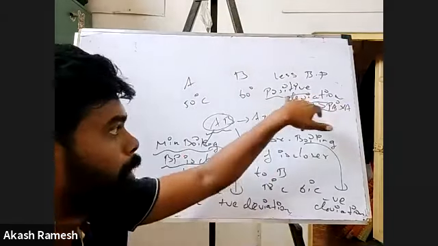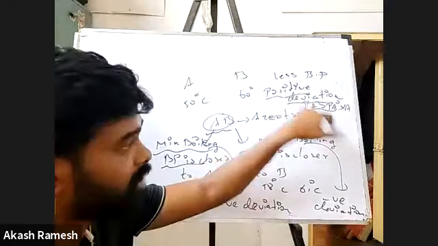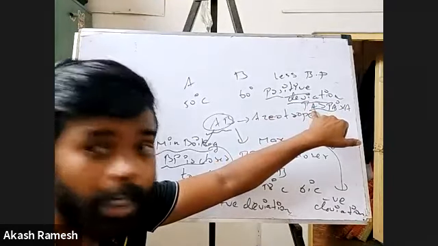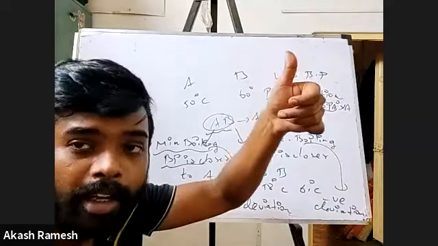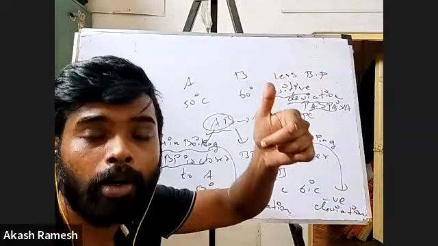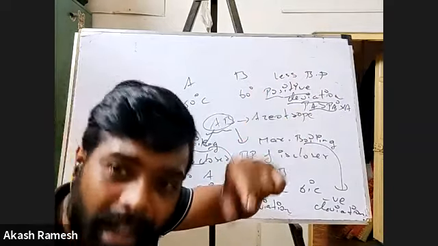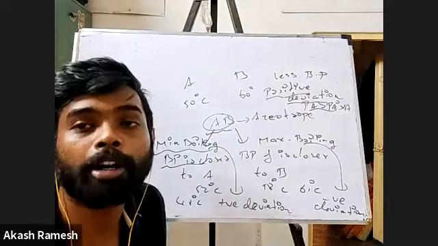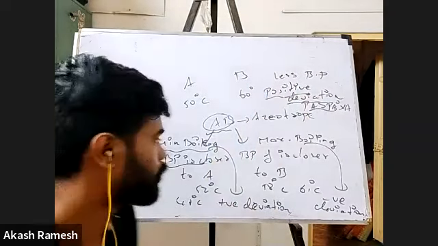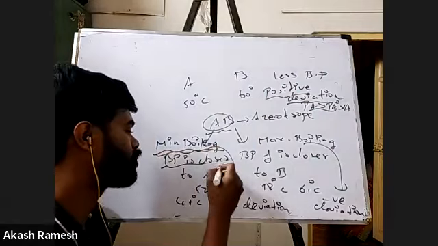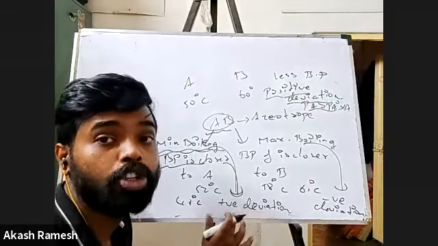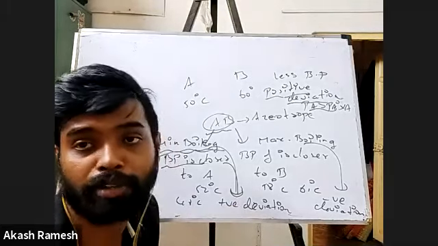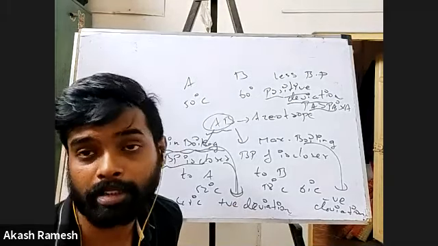But the moment I have positive deviation, the vapor pressure is higher. That means the ability of the liquid to go to the vapor phase is higher, so it is more volatile now. I have to supply only lesser temperature for it to go to the vapor phase. And that is why we say that minimum boiling azeotropes are formed by liquid solutions which show positive deviation from Raoult's law. Yes, understood?